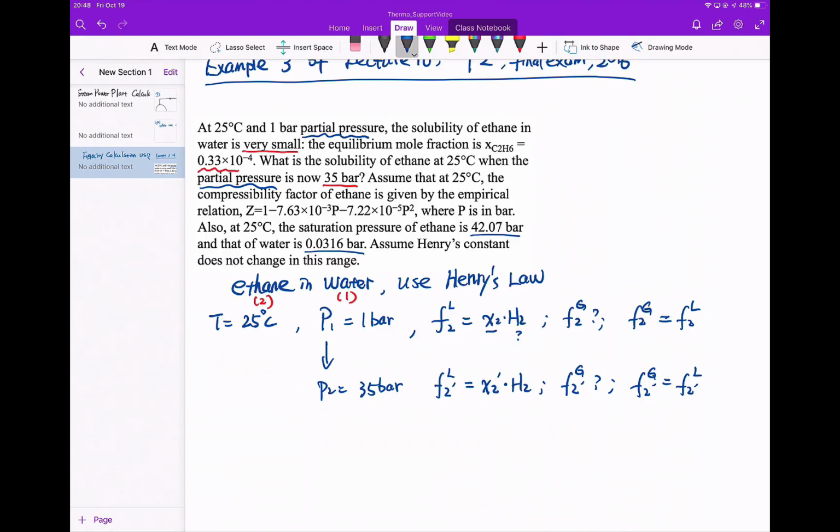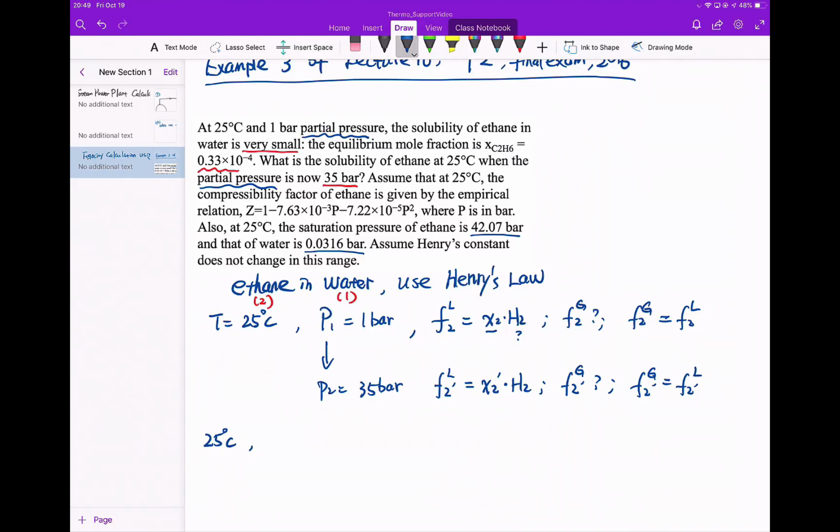So this is what we could easily have after reading the problem statement and understanding we are going to use Henry's law. Now let's take a look at the other known condition, especially the one at 25 degrees C. This is not depending on the pressure, of course, because it's the saturation.